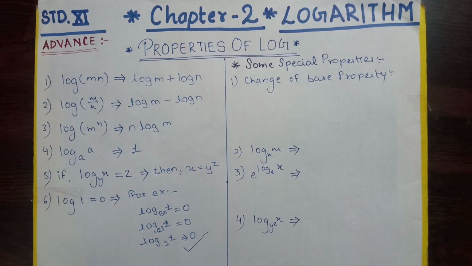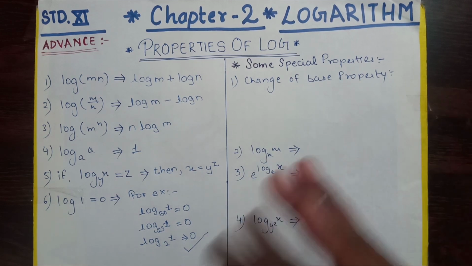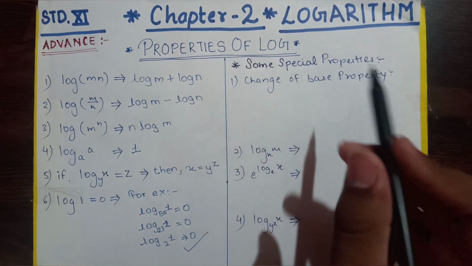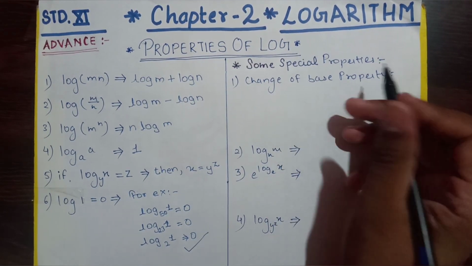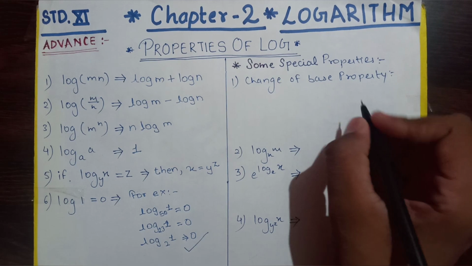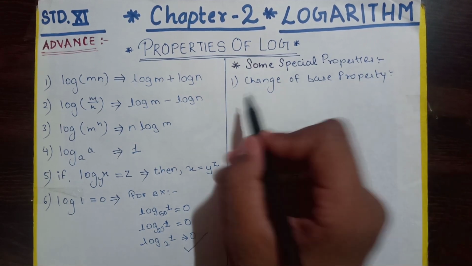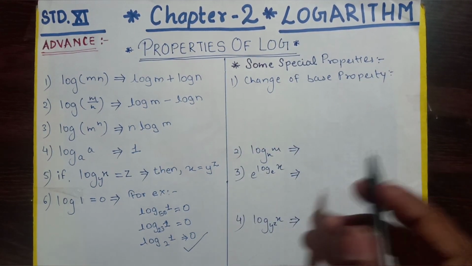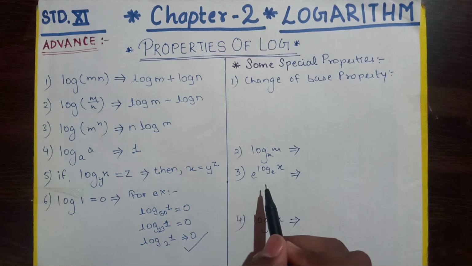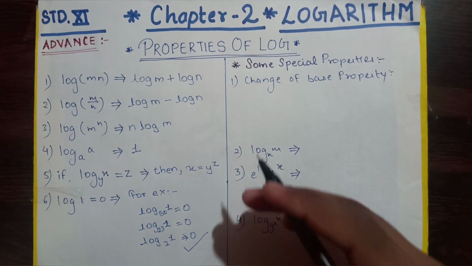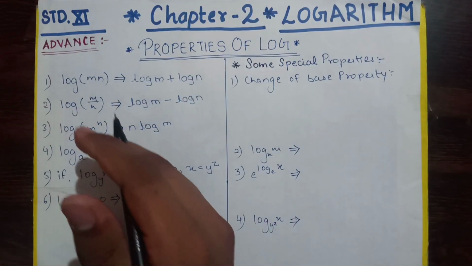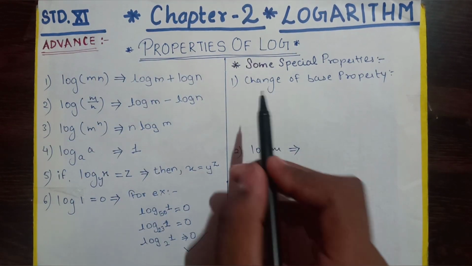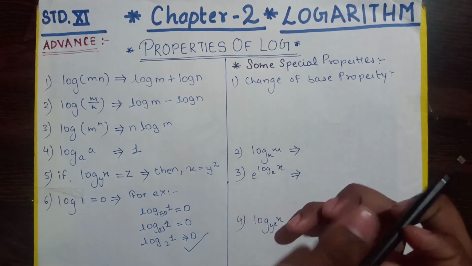Now moving forward to some special properties. I have called these special because they are a bit difficult, not the first one, but the next ones, because they involve exponentials. They are a bit hard to learn, but I think you will get them easily. First is our change of base property.